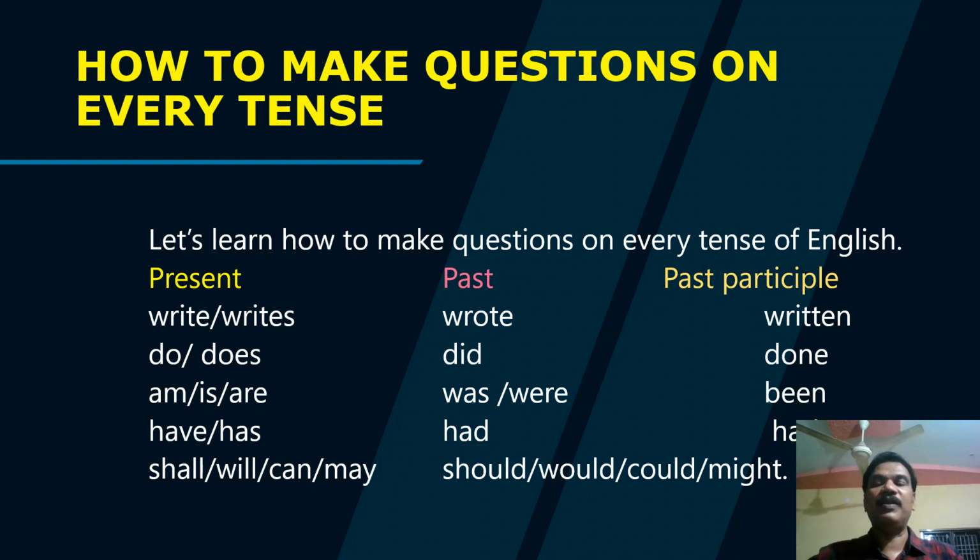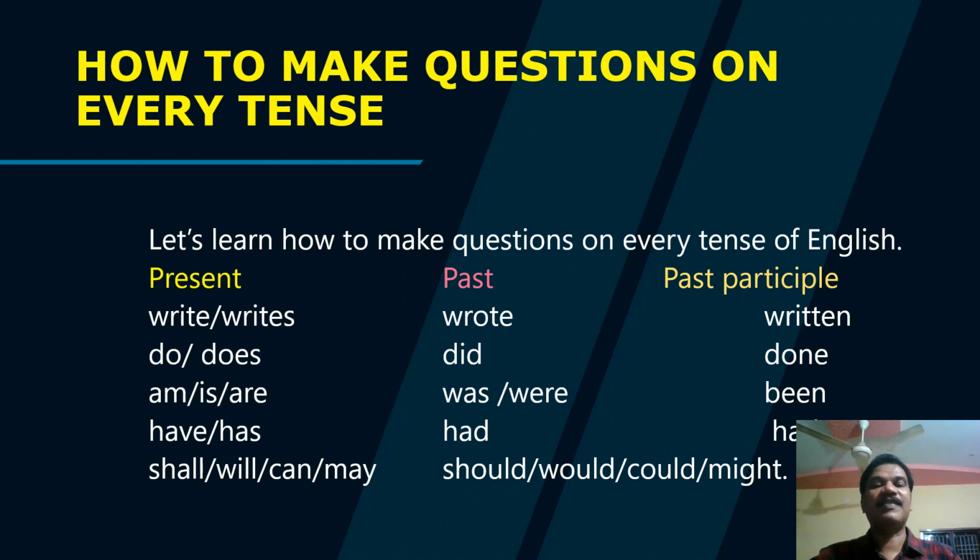I have given you here one main verb as a model verb for this exercise. Write, writes, wrote, written. If you see write, the main verb V1 without s, immediately you should think about do.